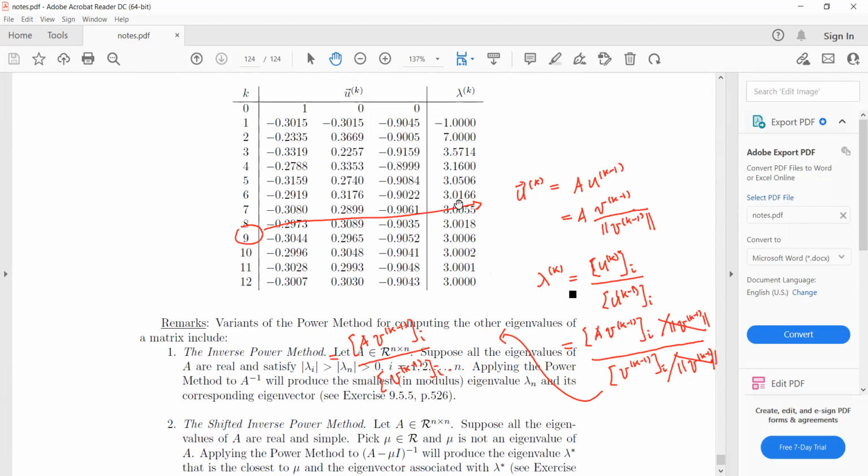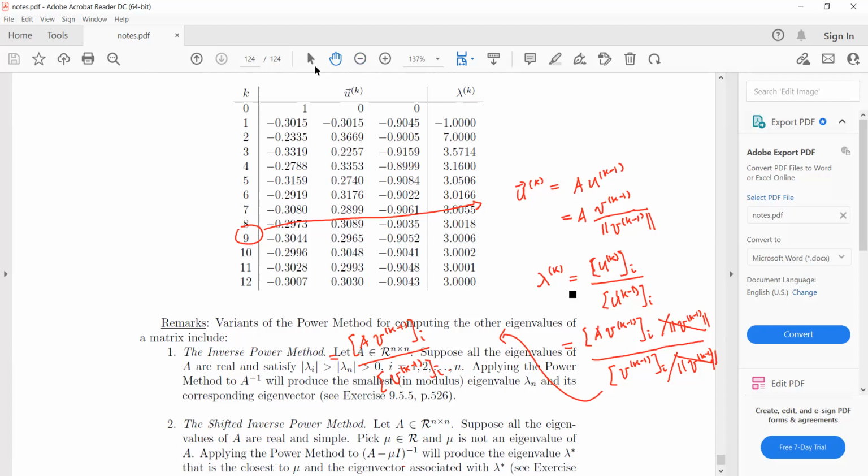Yeah, they are the same lambda actually. So in the last class I said that the numbers in this column were incorrect. I am wrong. These numbers are actually correct.